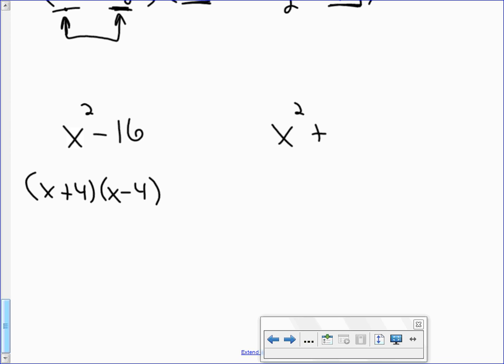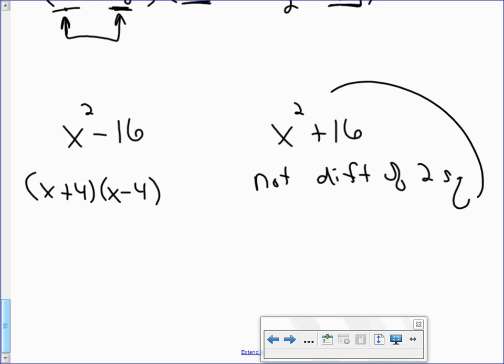Look at this one. Is that a sum of two cubes? No. Is it a difference of two squares? No, it's not, because it's got a big old plus in the middle of it. So you can't factor it the same way. It doesn't work.